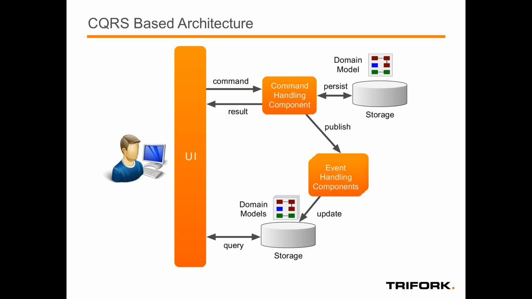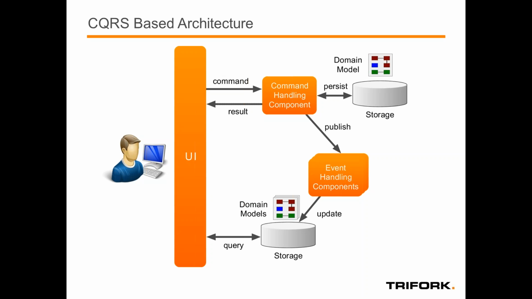So this is what an architecture of a CQRS-based application could look like. On the left, you see the user interface. And the user interface will send commands to a command handling component shown in the top end of your screen. And these commands may or may not have a result. That is a choice you can make.